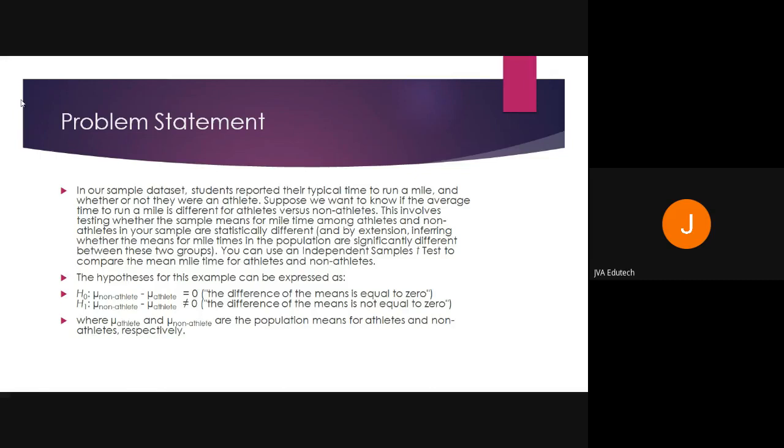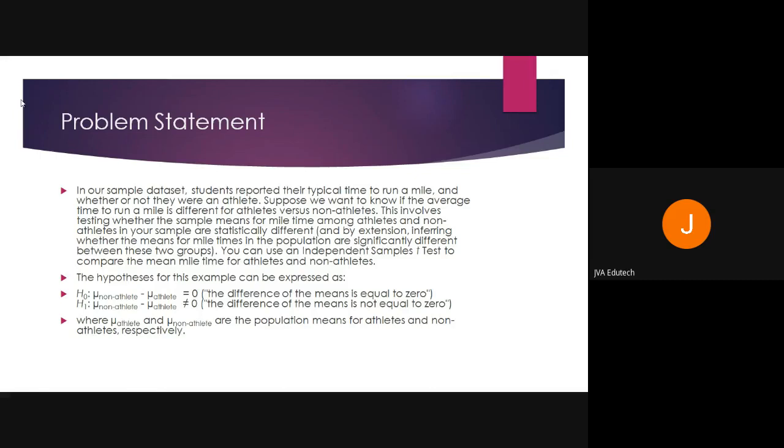So here the hypotheses in this case will be: the null hypothesis is mu non-athlete minus mu athlete is equal to 0, meaning the difference of the means is equal to 0, which means there is no significant difference between the athletes and non-athletes to run a mile.